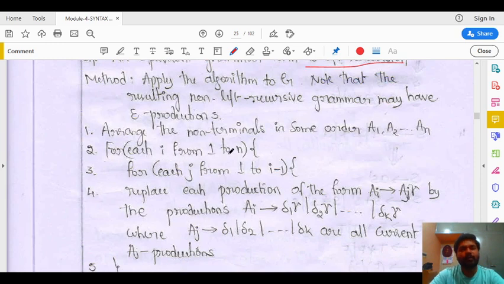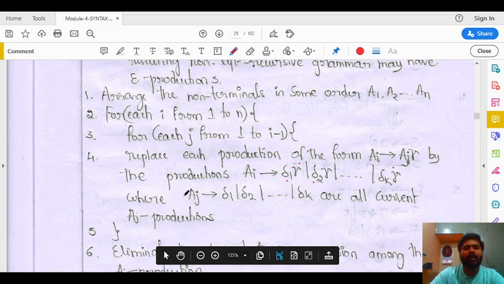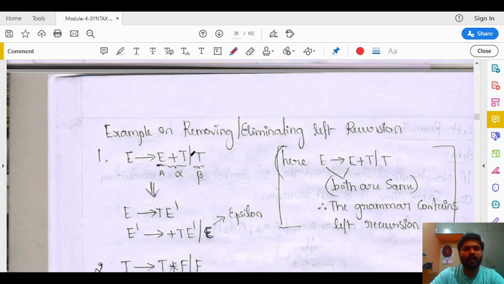For each i from 1 to n, and for each j from 1 to i minus 1, replace each production of the form Ai tending to Aj gamma by the production Ai tending to delta 1 gamma, delta 2 gamma, because gamma is further repeating. Delta 1 is different from delta 2, right? Here Aj tends to delta 1, delta 2, until delta k, which are all the current Aj productions. Then eliminate the immediate left recursion among the Ai productions.